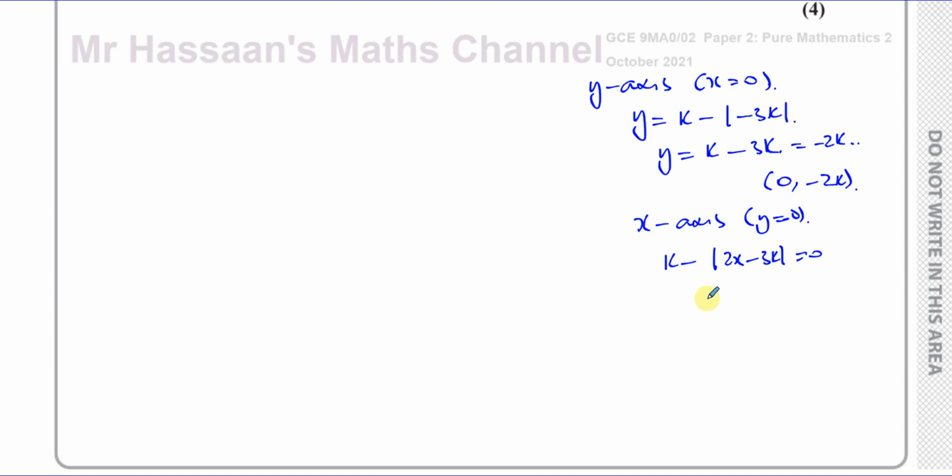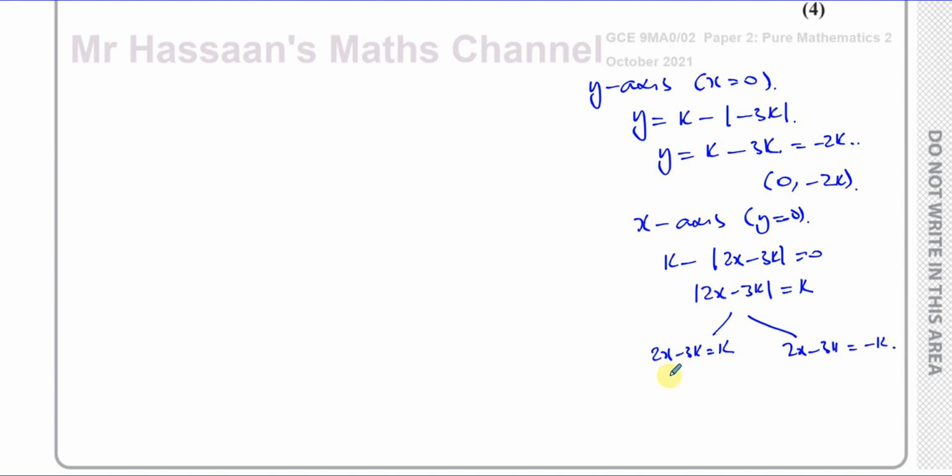We can rearrange it first: the modulus of 2x minus 3k is equal to k. Just add this to both sides and you end up with this. What this means is two possibilities: either 2x minus 3k is equal to k, or 2x minus 3k is equal to negative k. That's how the modulus equation works.